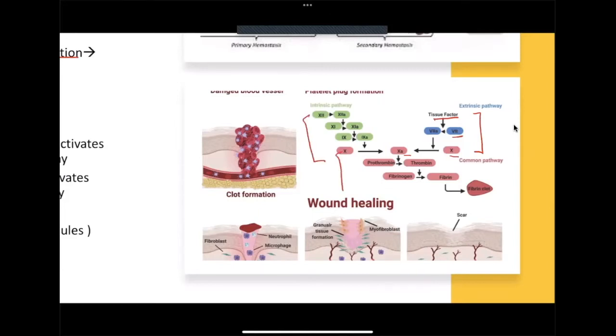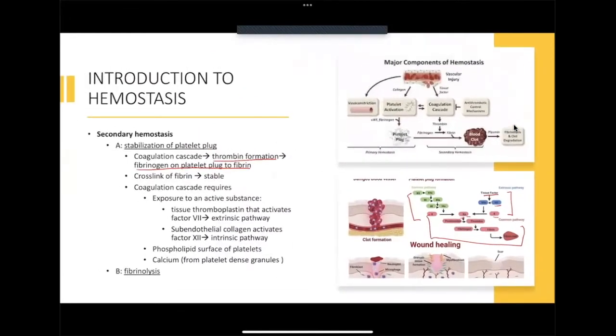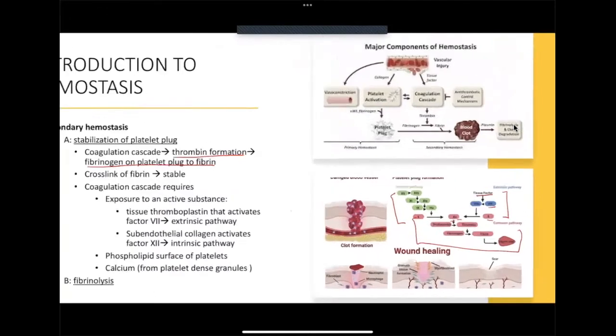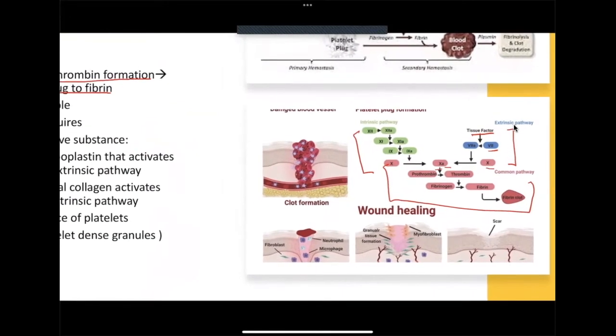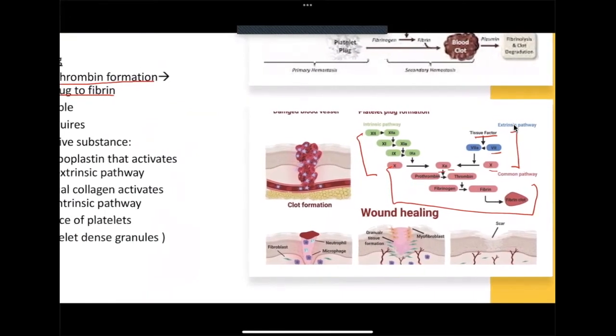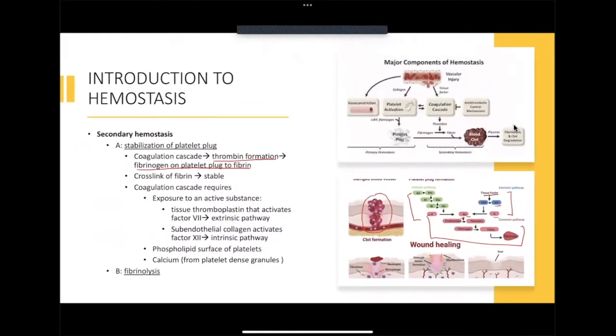And from here onwards, we have the common pathway, because everything, both in the intrinsic and extrinsic pathway, is for the conversion of factor 10 to activated factor 10 to form thrombin, which will eventually cleave fibrinogen to fibrin, and then you have stabilization of the fibrin to form the fibrin clot. So that's how we're forming the wound healing over here. See this? This is the clot formation and stabilization. Okay, and then the last step is fibrinolysis.